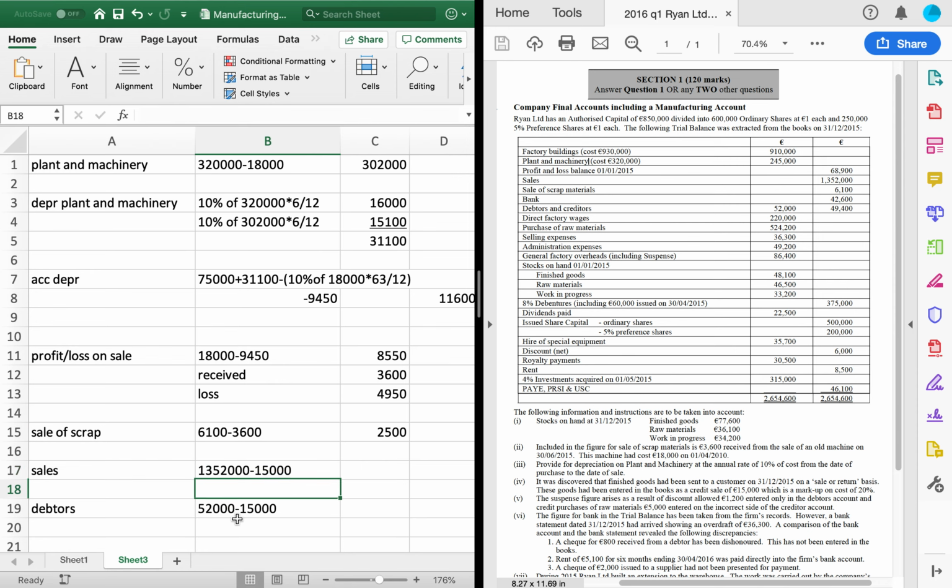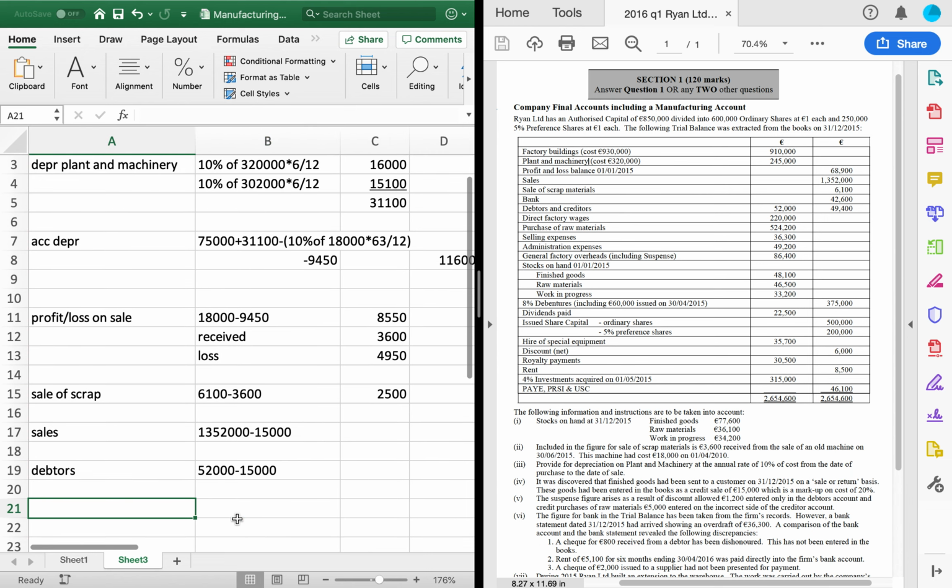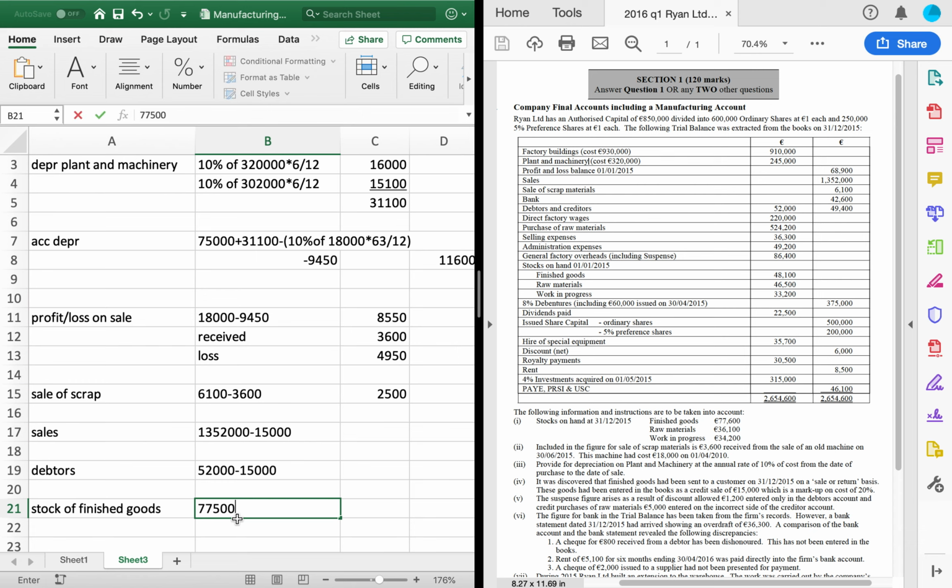Okay, the other thing that has to change is stock of finished goods, the closing stock. So the stock of finished goods is 77,600. Now that has to go back up by the amount of the stock, because the stock has left our warehouse but we still own it. So when we went to count it, we weren't in a position to count it up, but we still own that stock, so we have to add it on.